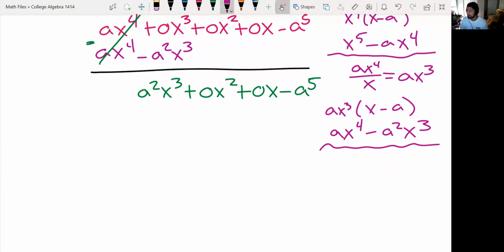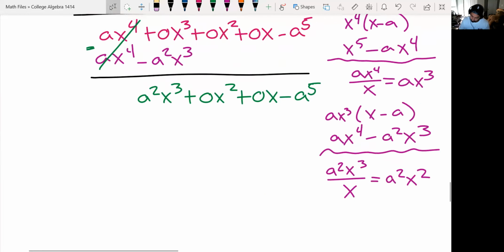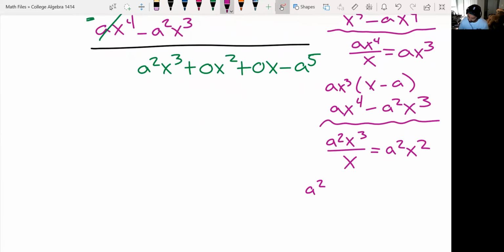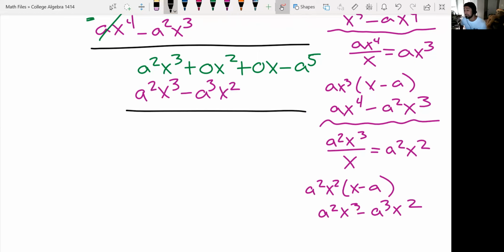Wash, rinse, repeat. Do it again. Same story, right?